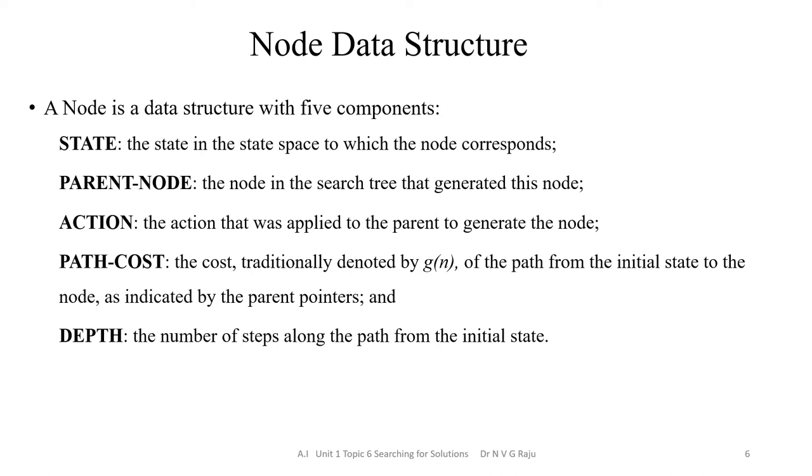A node is a data structure that contains five components: state, the state in the state space to which the node corresponds; parent node, the node in the search tree that generated this node; action, the action that was applied to the parent to generate the current node; path cost, traditionally denoted by g(n), the cost of the path from initial state to the current node as indicated by the parent pointers; and finally depth, the number of steps along the path from initial state to the current state.